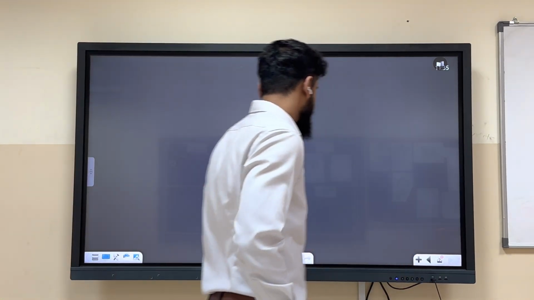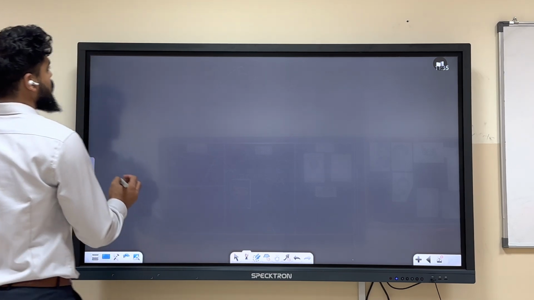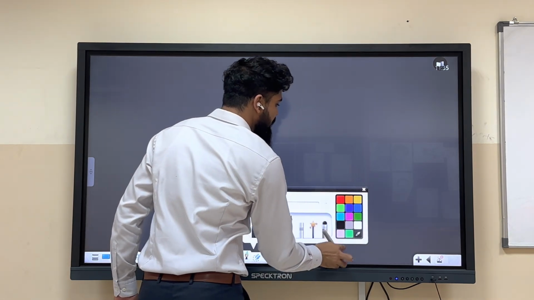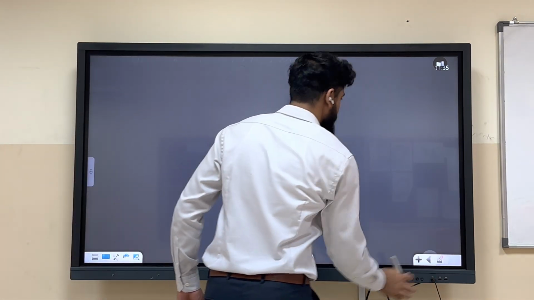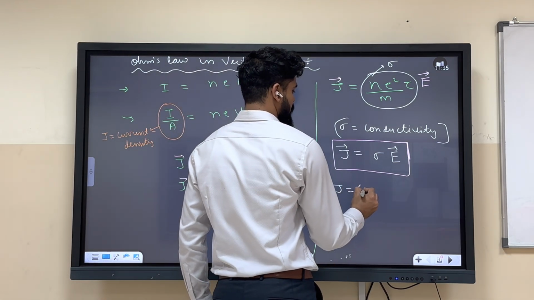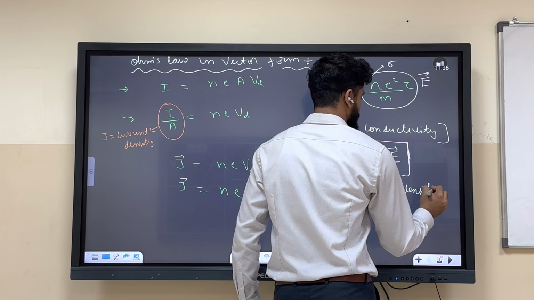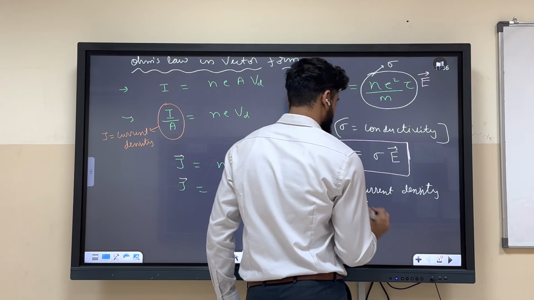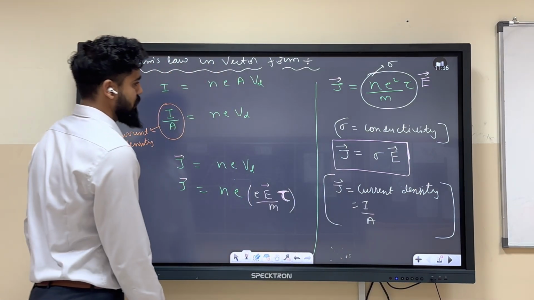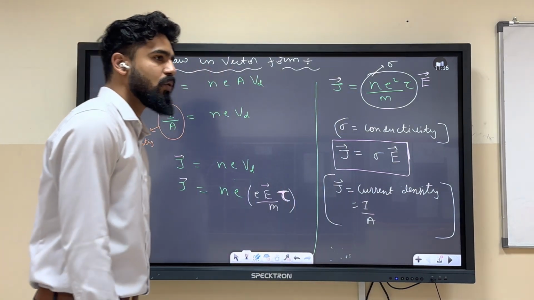Now, one thing you should note down: J equals sigma E is your Ohm's law in vector form.